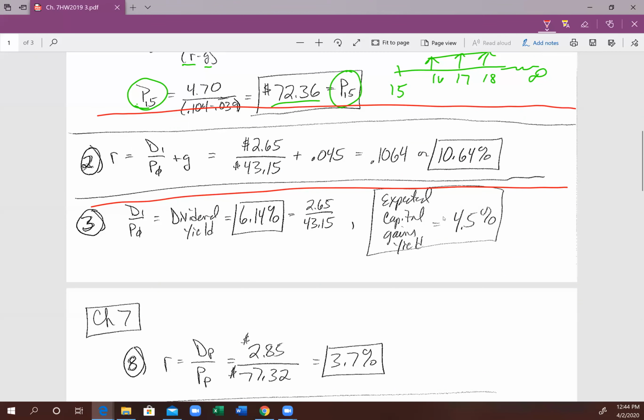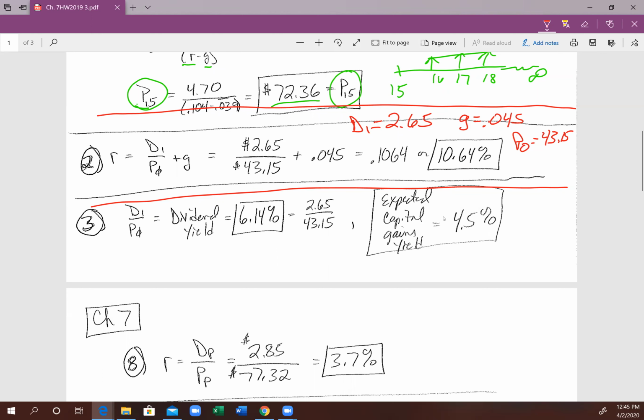The wording of the question says not the last dividend paid, but the next dividend is expected to be $2.65. They're expected to grow at a constant rate of 4.5%. And now the question says, if the stock is selling for 43.15 today, what does that imply about the required rate of return?